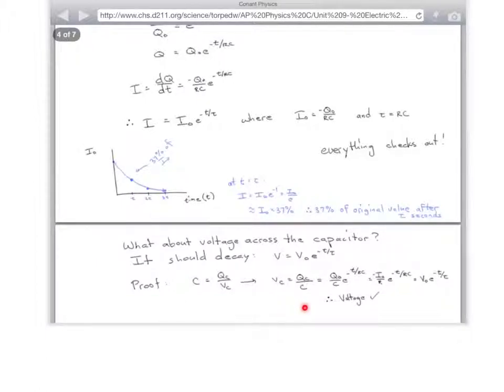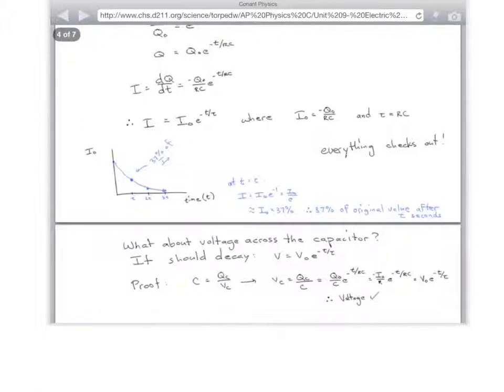I think she's asking where you got the current divided by resistance, and then the charge. Oh, how did I do that? V equals I times R, and I is Q over RC, right?